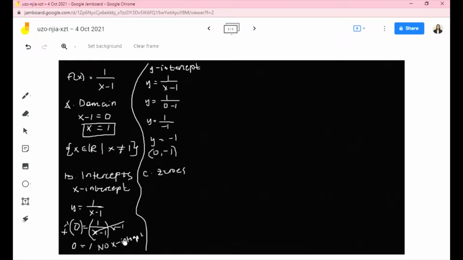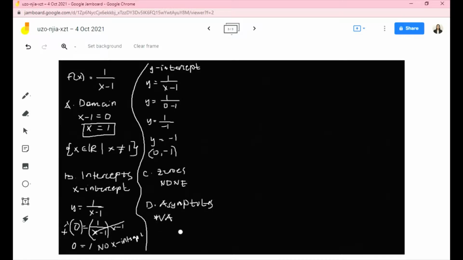In this case, we haven't found an x-intercept. This means that there is also no zero or zeros. We'll jump to our asymptotes. Starting with the vertical asymptote, or the VA.